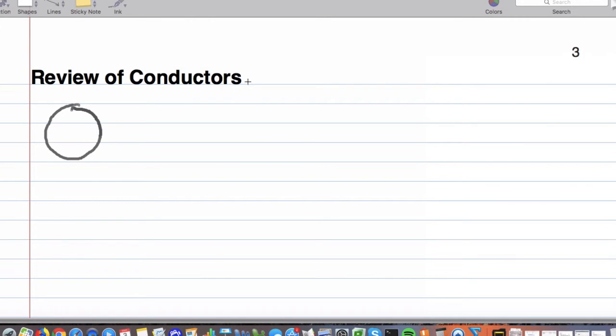And one of the things I want to talk about are the properties of conductors. So let's lay that out quickly. I don't want to talk about every property of conductors, just two necessary ones. So conductors are basically a model for metals.